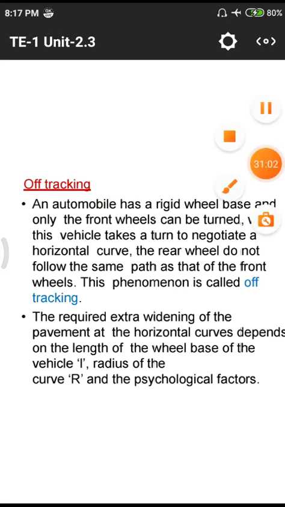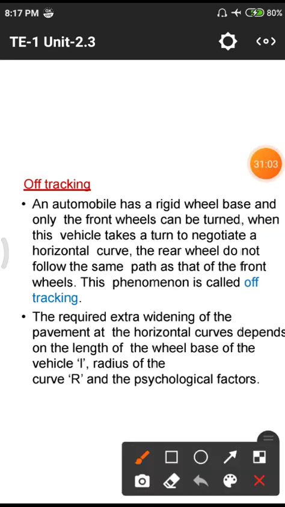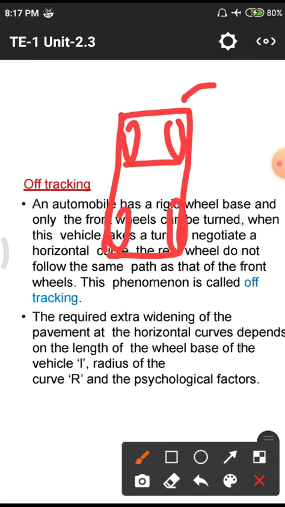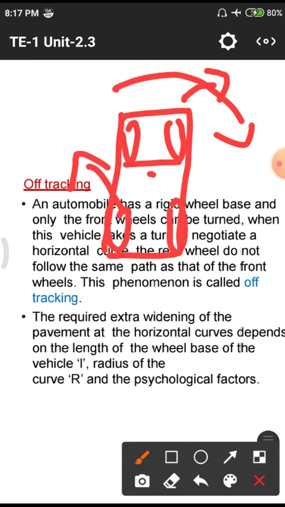I will show with an example. It is a vehicle, normally a lorry. We have the front wheels and the back wheels. Suppose the front wheels are moving in this direction and the back wheels are moving in this direction. That means there may be two forces acting in different directions, a couple of forces acting on the vehicle, so that the vehicle skids or rotates about a particular point.